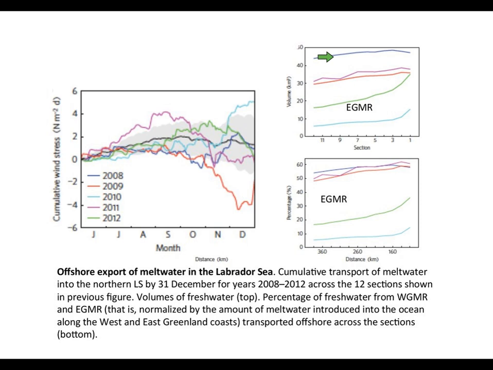There are years where the winds are downwelling most of the time. Sorry, it's here. And there are years where the winds are mostly downwelling in the summer, but they turn to upwelling.